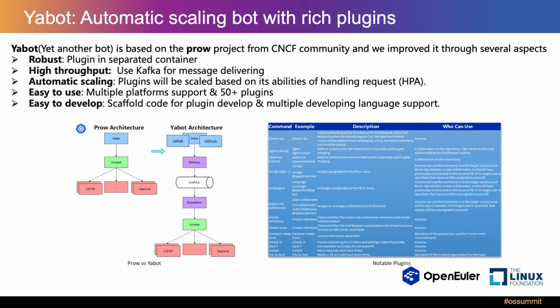The second one is like the developer robot application. At first, we tried to investigate the existing Prow application. We found a Prow application from CNCF, and it's a nice project. It has about 30 plugins that can be directly used in our environment.